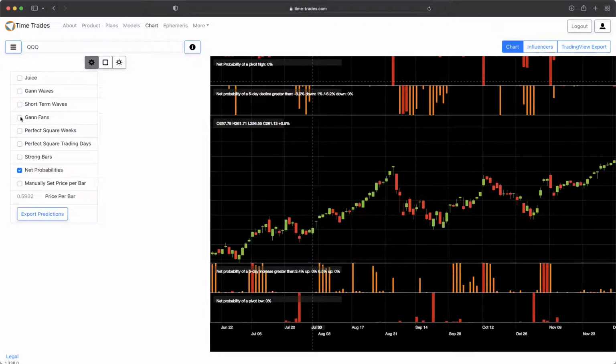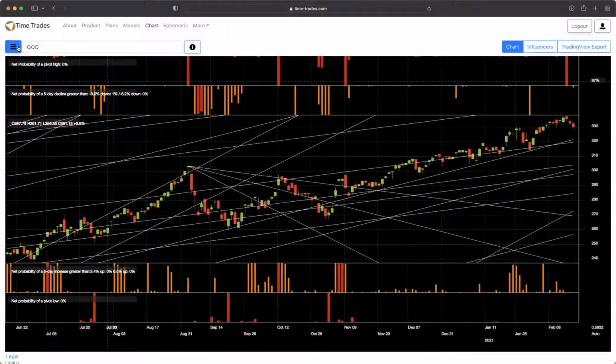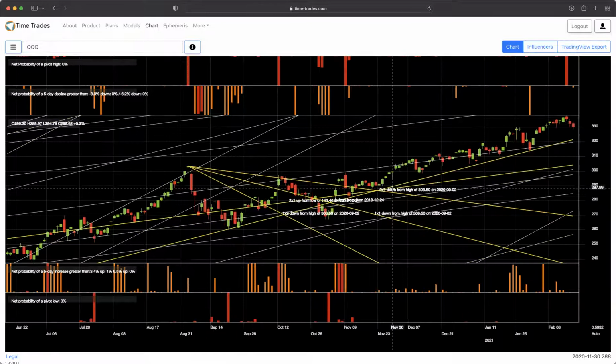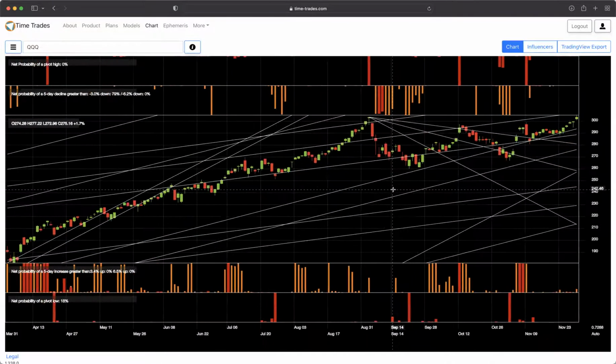Now let's turn on Gann Fans. Okay, so Gann Fans are drawn from the automatically identified peaks. So the way the machine learning works is it will identify the pivot highs, like here in September of 2020, and it will also identify pivot lows.